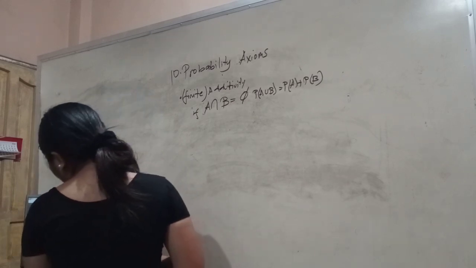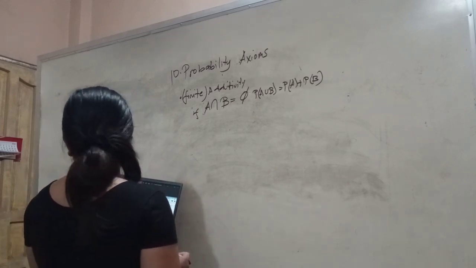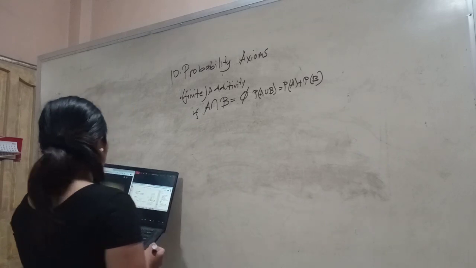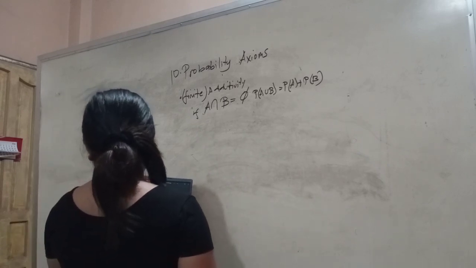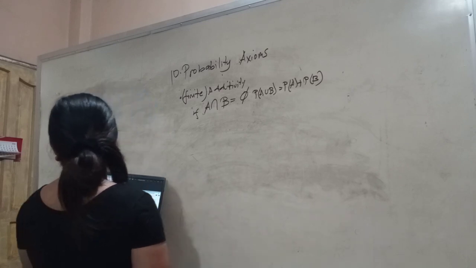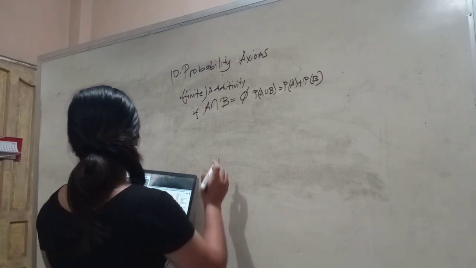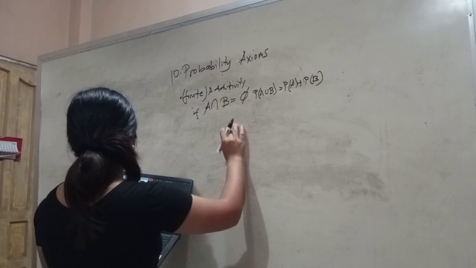So what does it mean? If two events A and B are mutually exclusive, they cannot happen simultaneously, then the probability that either A or B occurs equals the sum of their individual probabilities.